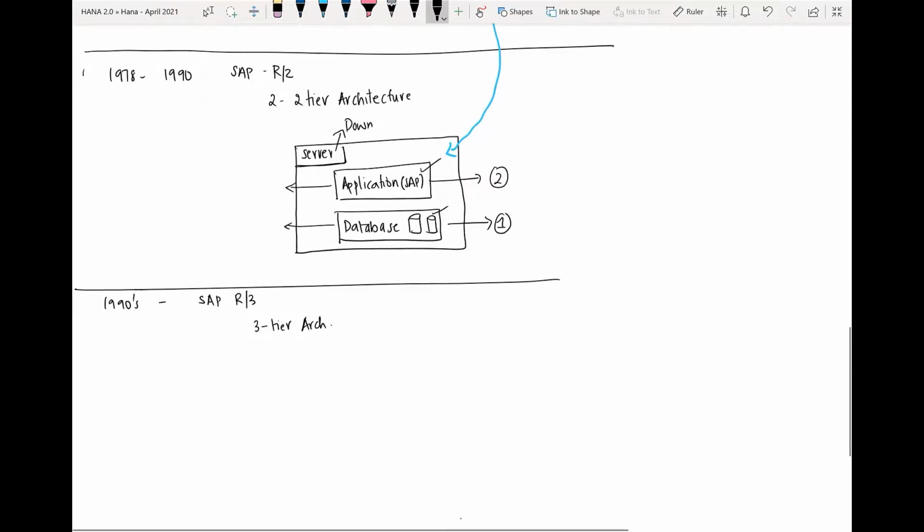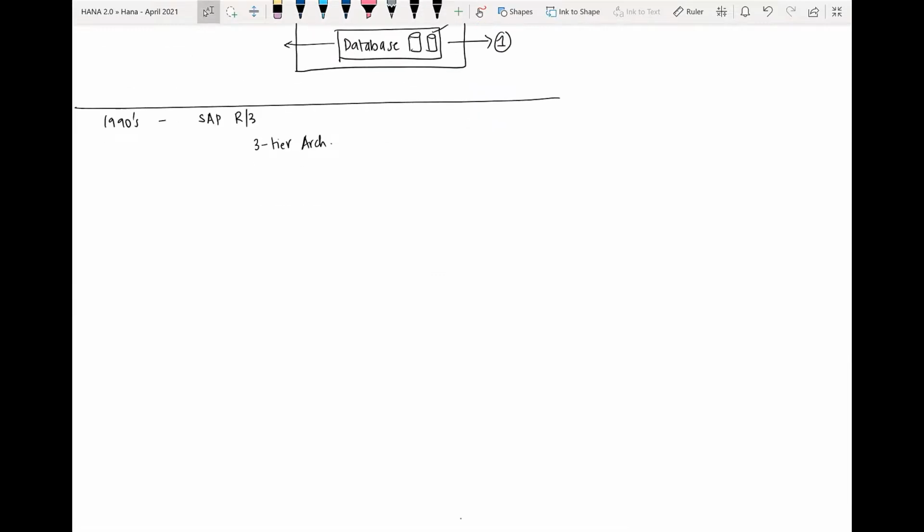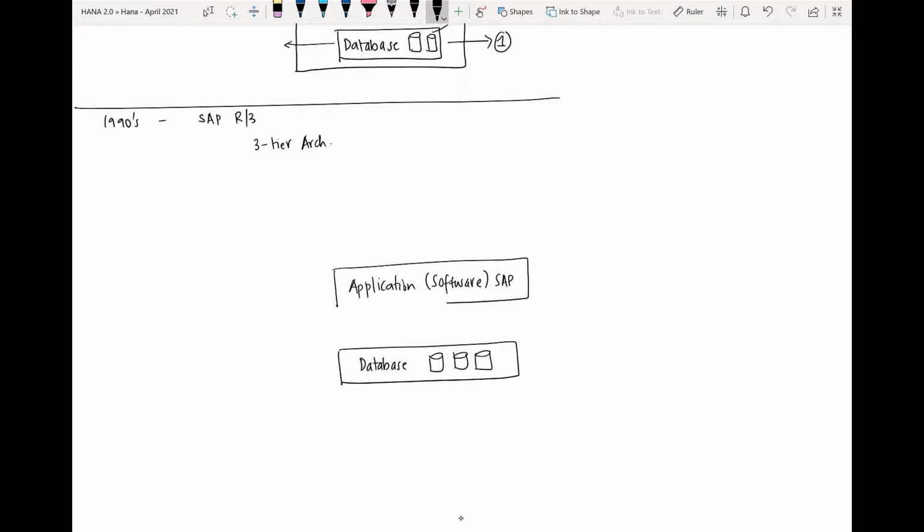The 3 tiers of the architecture, which is still applicable now, were: they created a separate box for a database independent of itself. This is where all your data is stored in tables. You have a separate box which contains an application layer. This is where your SAP software is going to be residing.